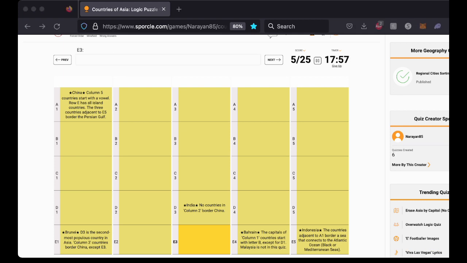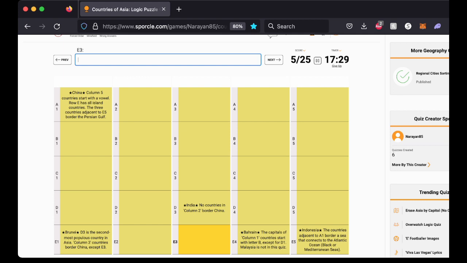So, let's see, that could be Iran. Iraq, I think, also borders the Persian Gulf. And there's the United Arab Emirates. Can't really do anything yet because there's too many possibilities.